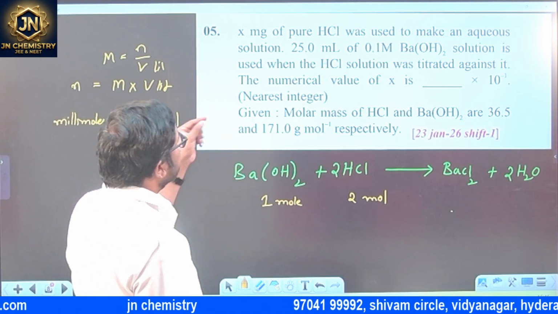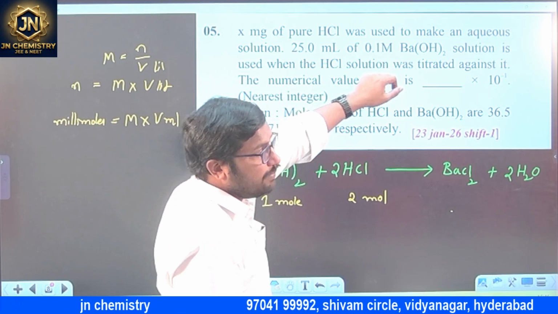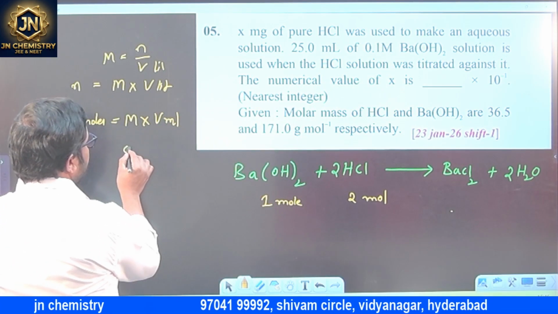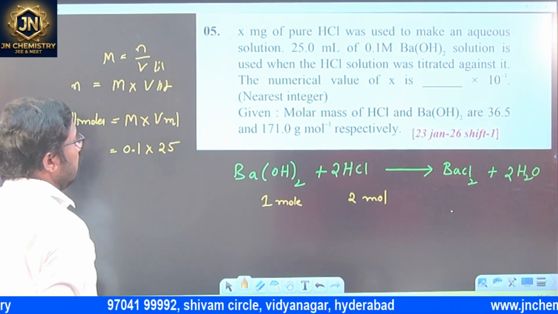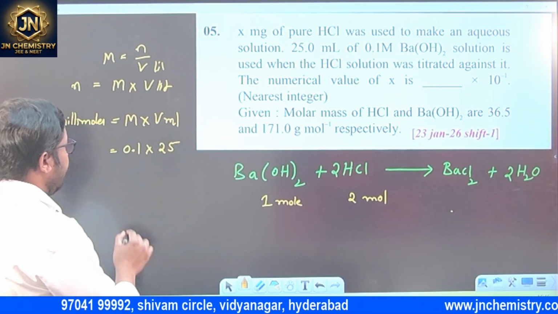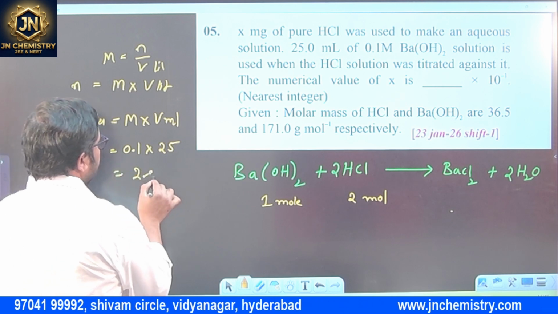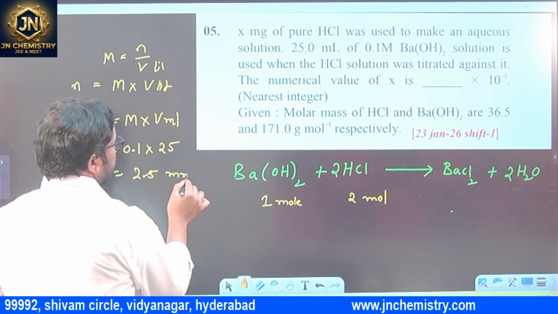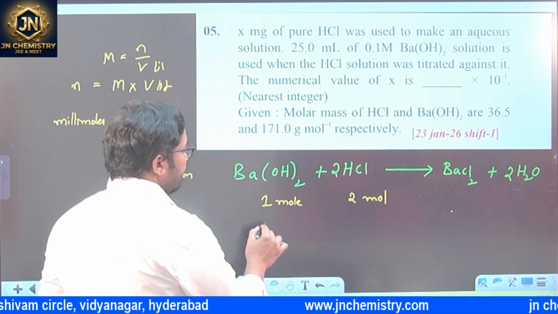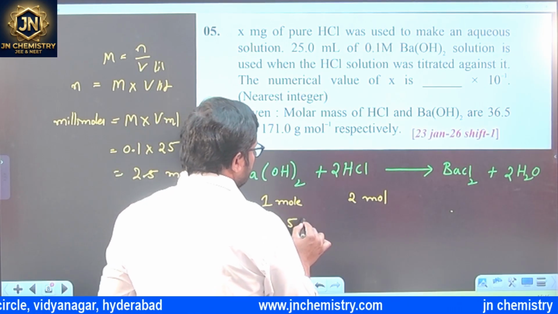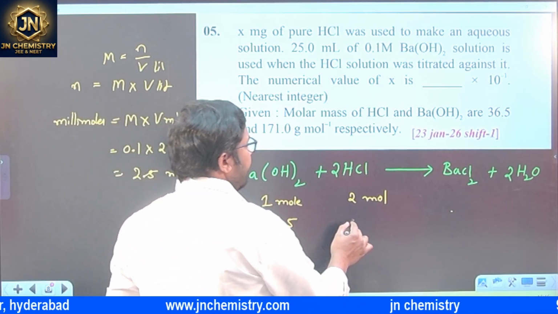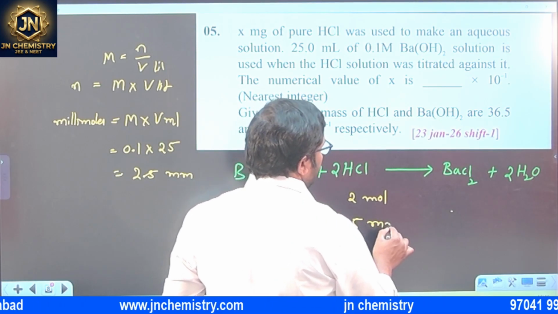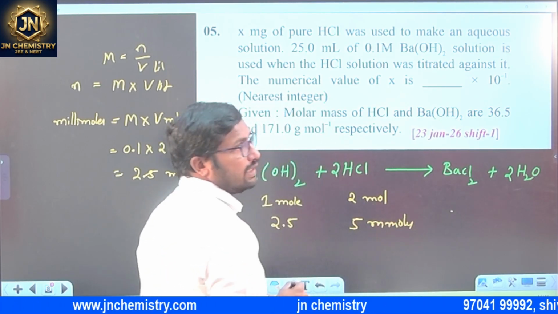Molarity is given as 0.1 for barium hydroxide, 0.1 into 25, so we'll get 2.5 millimoles. Since the ratio is double, that means 5 millimoles. 5 millimoles of HCl is required.